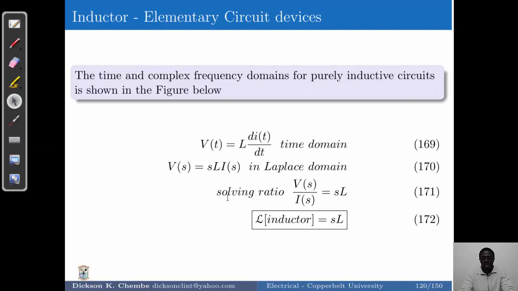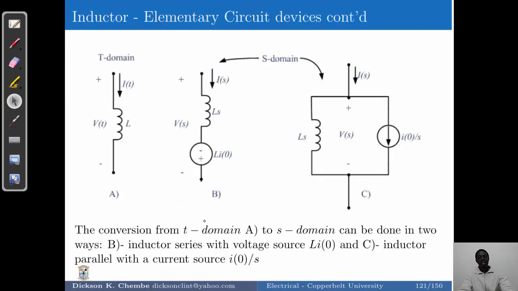And this leads us now to looking at this inductor circuit. In the time domain, we simply have an inductor, there's a voltage across that inductor, v(t), and a current going through that inductor. When we convert from the time domain to the frequency domain, we can have two options depending on the circuit and on how you want to solve it.